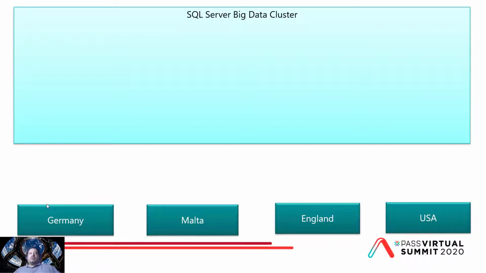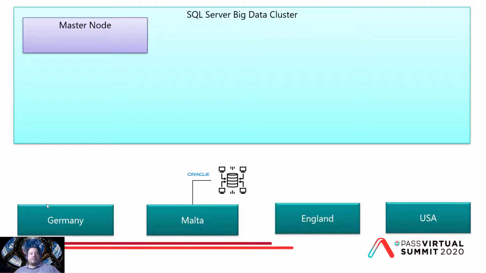How does this work? We have a master node on the SQL Server Big Data cluster. Let's imagine that in Malta we have a data warehouse. This data warehouse is already built in Oracle or SQL Server. It's there, already built. We will not make an ETL to migrate this data. We will access that data warehouse. How?